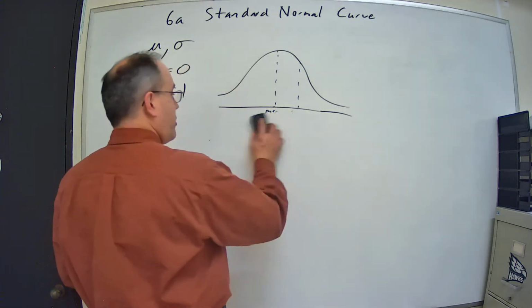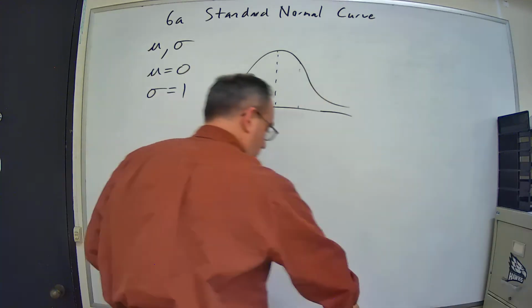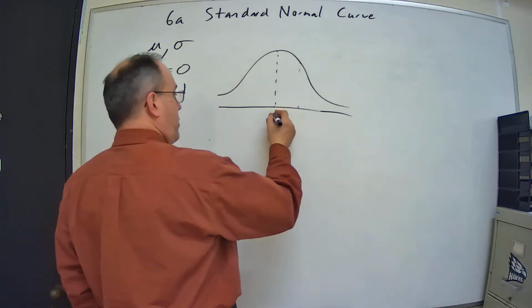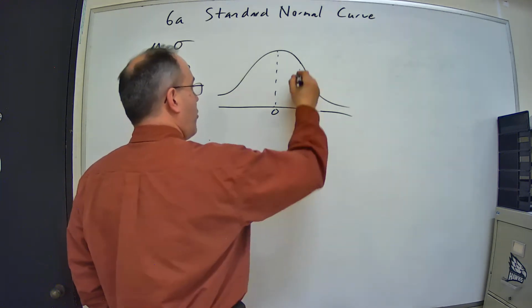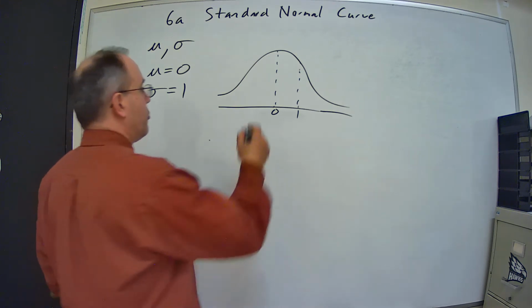But with a normal distribution, we say let the mean be equal to 0 and the standard deviation be equal to 1.